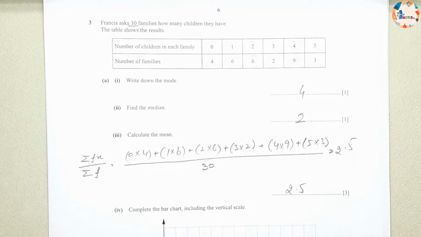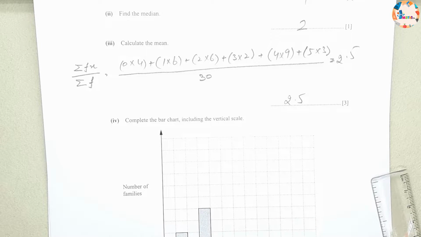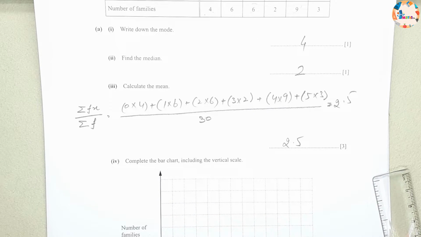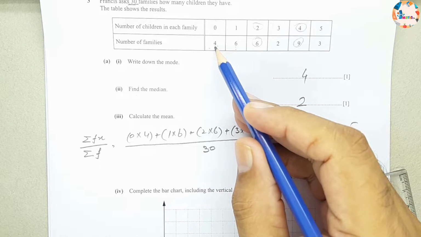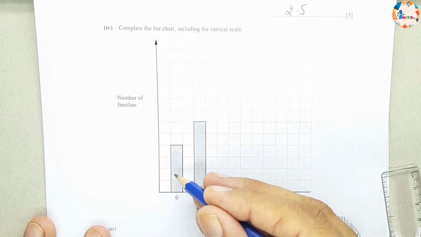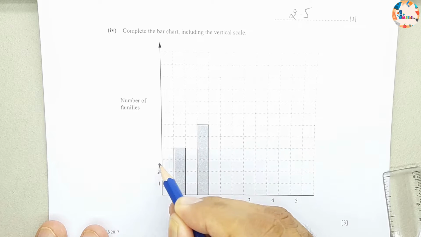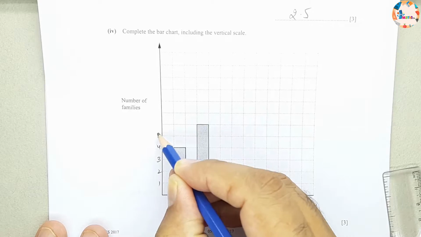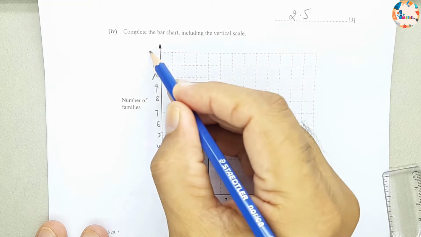This is done. Now fourth part, complete the bar chart including the vertical scale. So vertical scale we have to add, like for example, if we check, first number is 0 is 4, so this is 0, this is 1, 2, 3, 4, so we can understand this is 1, 2, 3 and 4, 5, 6, 7, 8, 9, 10, 11 and this will be 12.